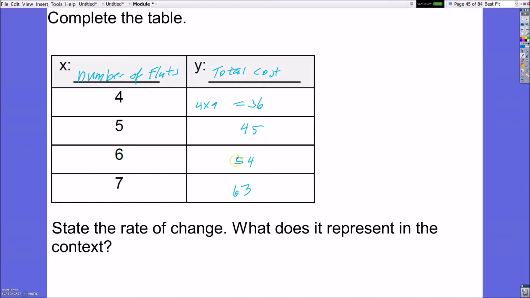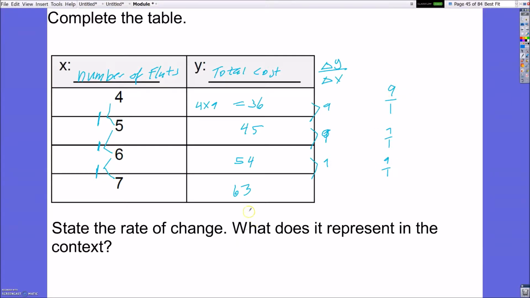So state the rate of change. What does that represent? Remember, the rate of change is the change in Y over the change in X. When I changed from 36 to 45, that was 9. The change from 45 to 54 was also 9, so on and so forth. The change in X, from 4 to 5, 5 to 6, 6 to 7, is just 1. So we would have 9 over 1, 9 over 1, 9 over 1.